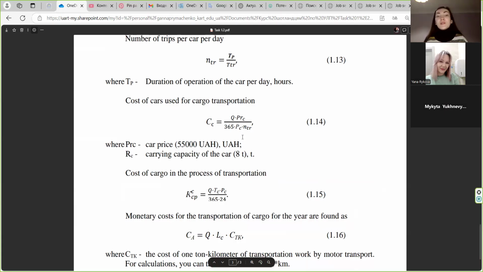Please find this information and calculate how much the cost of cars we use for cargo transportation. It is by year, so it could be big sums. And we write is equal to, and leave 2 points after the comma. It will be enough. The result will be in hryvnias. So please calculate it.